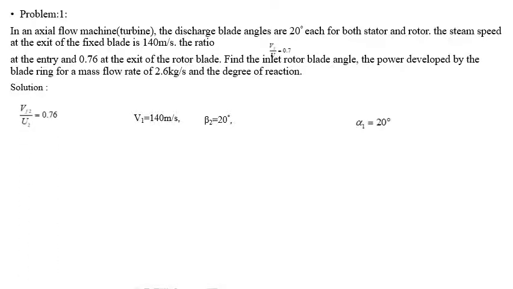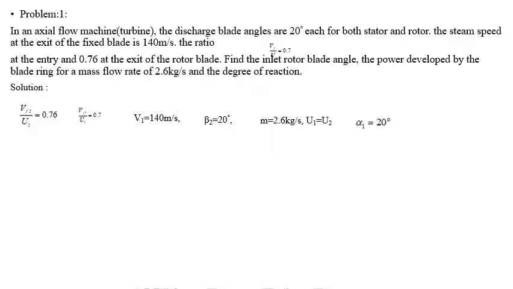to 20 degree. Then some ratios are given, Vf by U, that is 0.76 at the exit of the rotor blade, that means Vf2 by U2 is equal to 0.76, and at inlet Vf1 by U1 is equal to 0.7, and mass flow rate is given as m is equal to 2.6 kg per second.